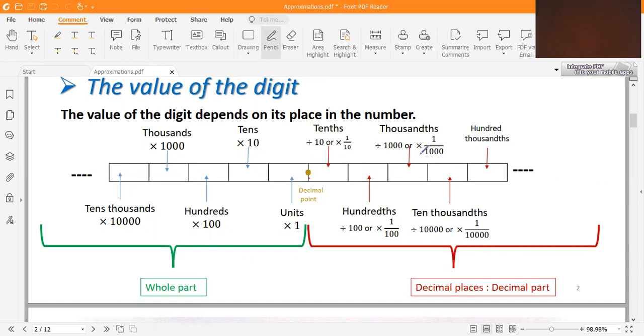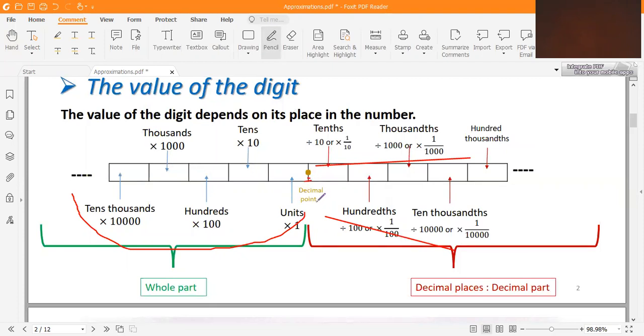On the right of the decimal point, we have decimal places, and on the left we have the whole part of this real number.